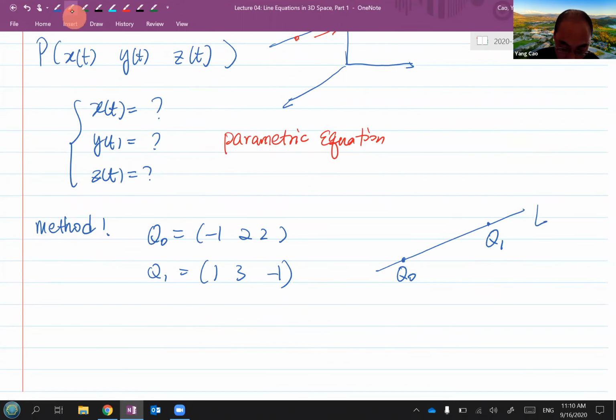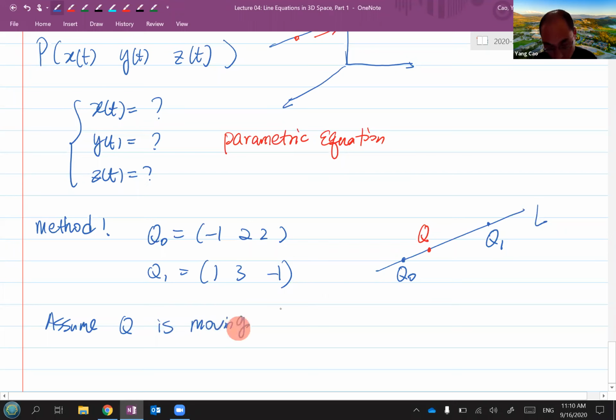To derive this, let's use the concept of a moving point. Let's say I have a moving point Q along the line L, and I'm going to make some simple assumptions. Let's assume that Q is moving at a constant velocity.